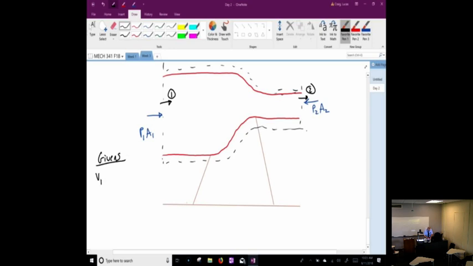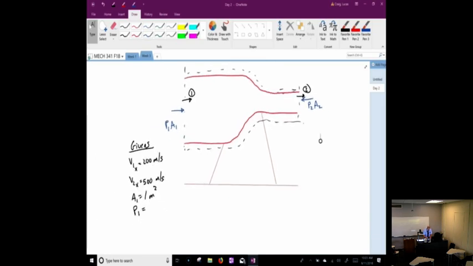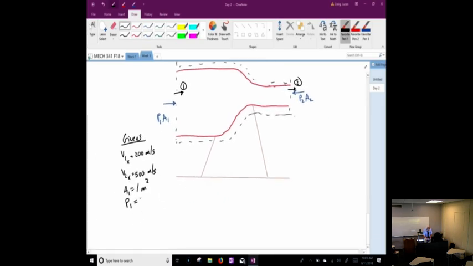V1 in the x direction is 200 meters per second. V2x, 500 meters per second. A1 is 1 meter squared. They actually found that the pressure at 1 is 78.5 kilopascals.